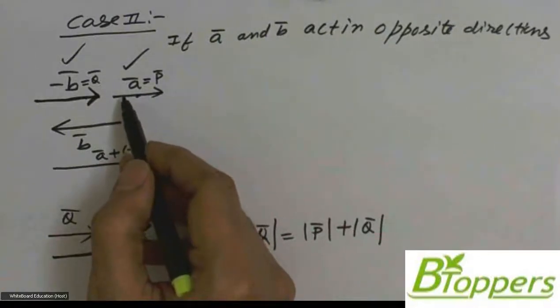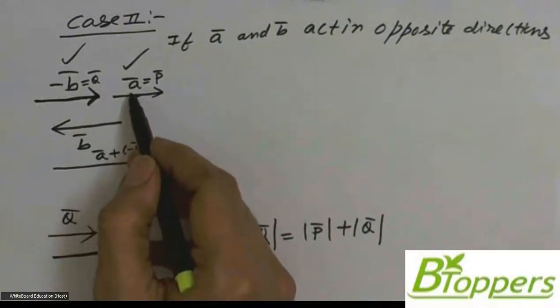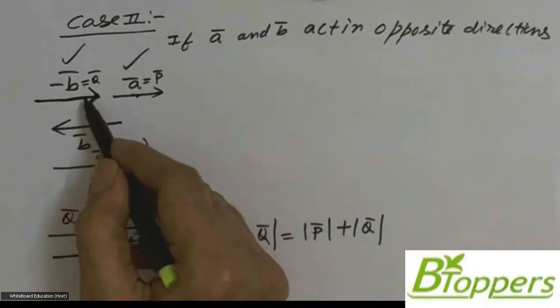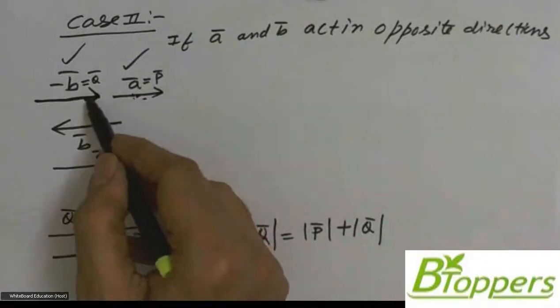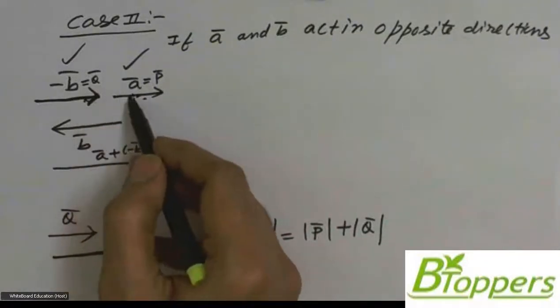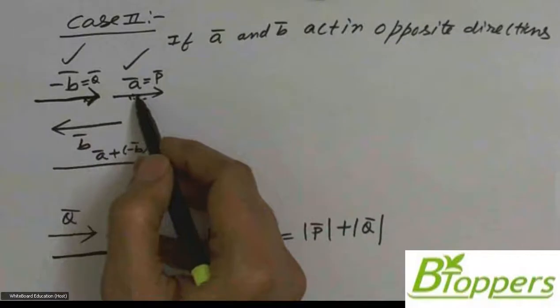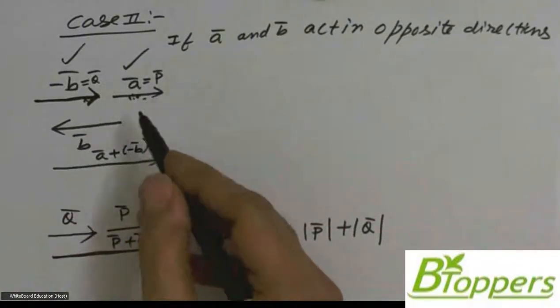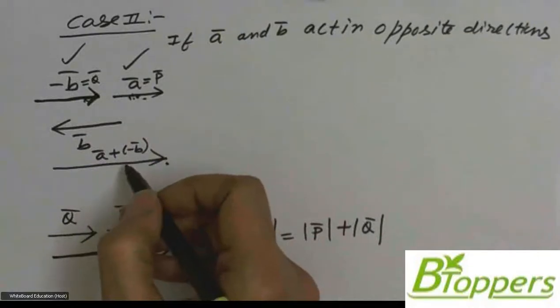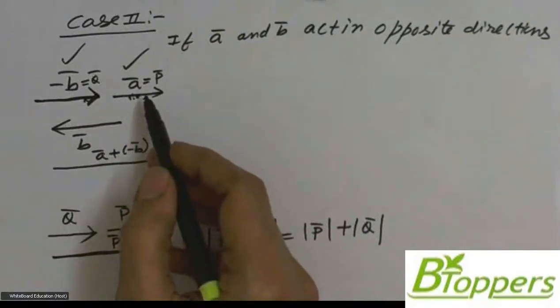The vector difference a bar minus b bar is the resultant of these two vectors, vector a bar and vector minus b bar, which are in the same direction. So the direction of the resultant of these two vectors will be the same as the direction of either vector. That means the direction of a bar minus b bar is the same as the direction of vector a bar.